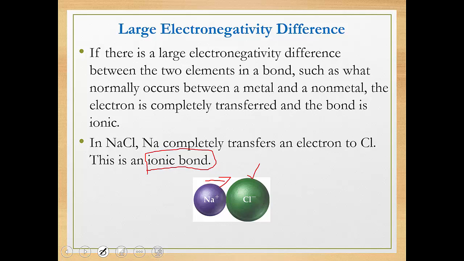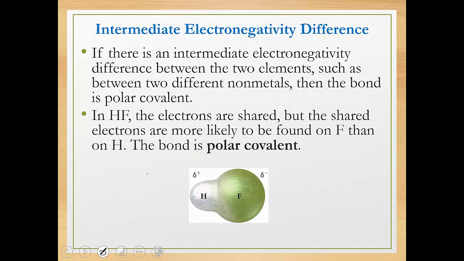So we've got nonpolar bonds and ionic bonds, but then you've got this huge middle-of-the-road area where you've got an intermediate electronegativity difference. When we say intermediate, what do we mean? What's a numerical value? We'll look at that in a minute, but somewhere between strong enough to rip an electron off or sharing equally. So if we look at hydrogen fluoride, the electrons are being shared between the two, but fluorine's very electronegative.